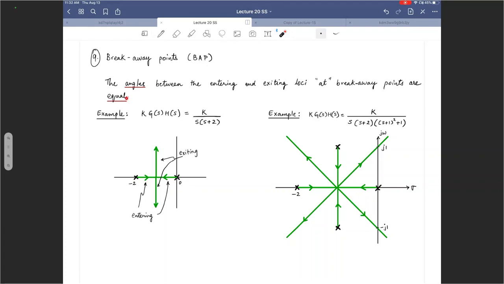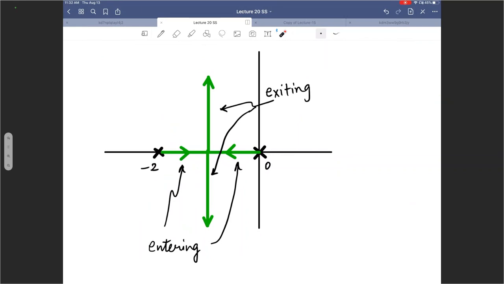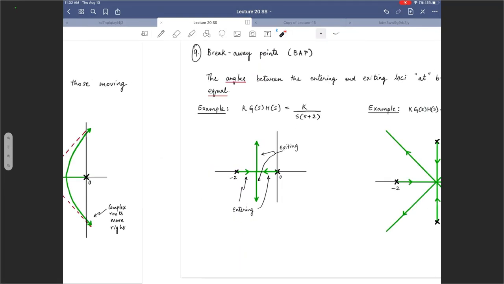So it really depends on how many root loci are coming to that breakaway point. For example, over here, there are 2 root loci entering the breakaway point, and then 2 are exiting the breakaway point. And as you can see, they are all going to happen at equal angles, which is why those 4 lines are at pi over 2 from each other, all at equal angles.